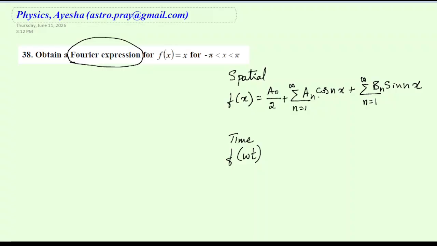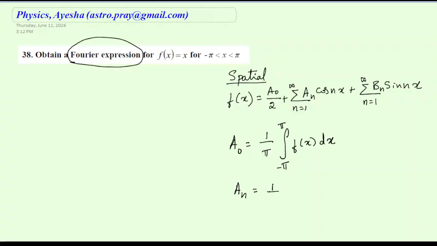Here a0, an and bn are Fourier coefficients. They are given by a0 equals 1 by pi integral of f of x dx between the range minus pi and pi.